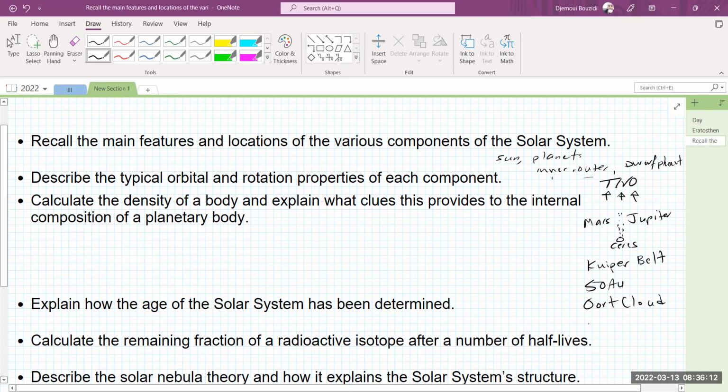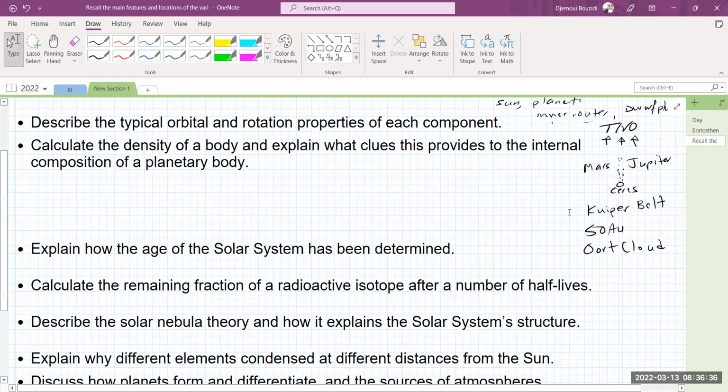The Oort cloud is sometimes the source of some of these comets that visit the sun from time to time, but most of the time they're coming from the Kuiper belt. Anyway, these are some of the compositions of the solar system.